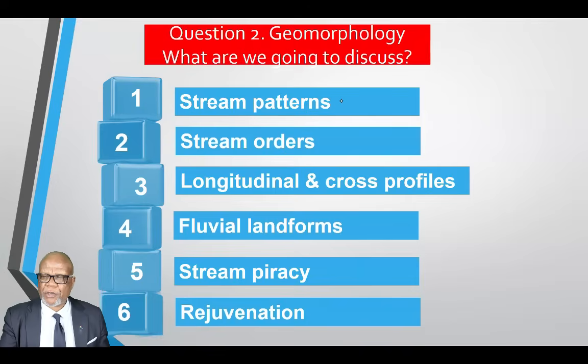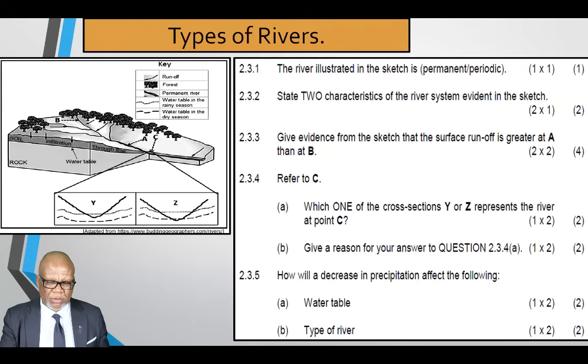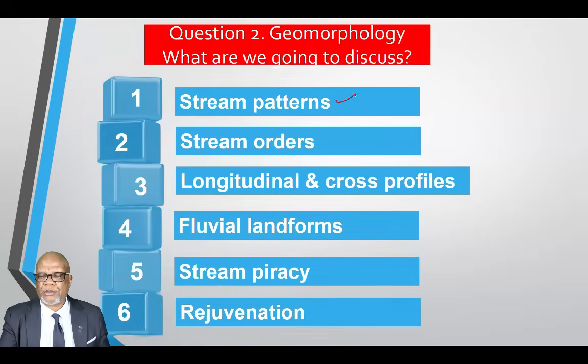The content that you expect to be tested on would be stream patterns, stream order, long and cross profile, fluvial landforms, stream piracy or river capture, and rejuvenation.